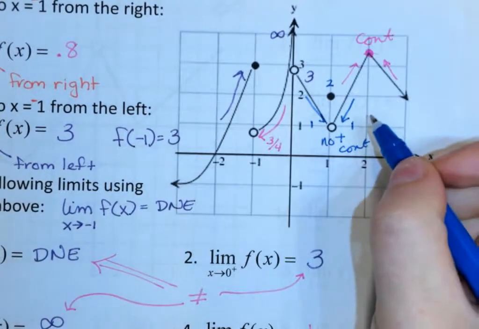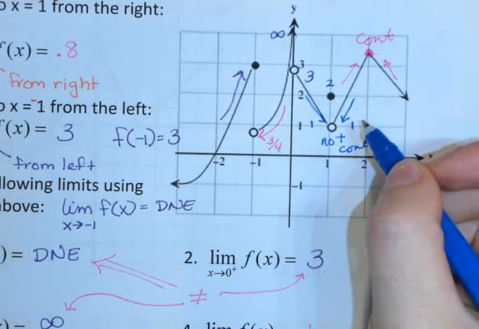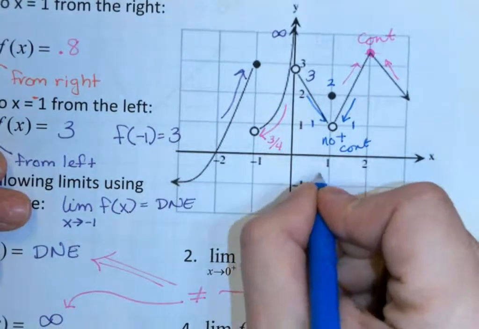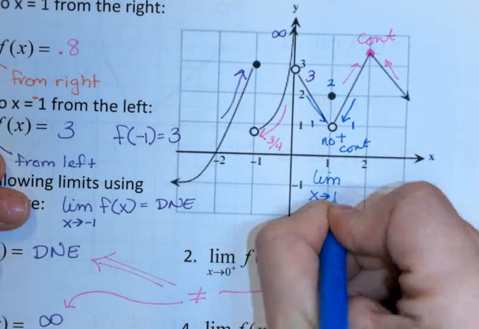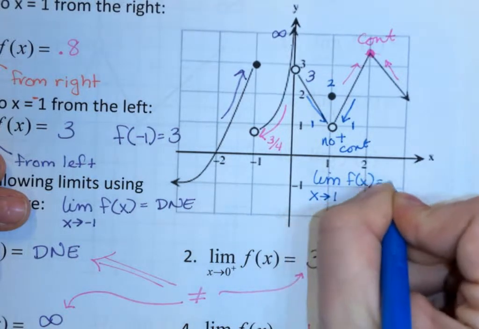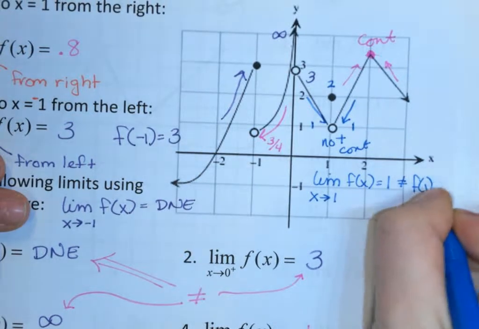And that's how we define whether or not something is continuous. If I ask you a question using the definition of limits, is the function continuous? You would say not continuous because the limit as x goes to 1 of f of x is 1, but that's not f of 1, which is 2.